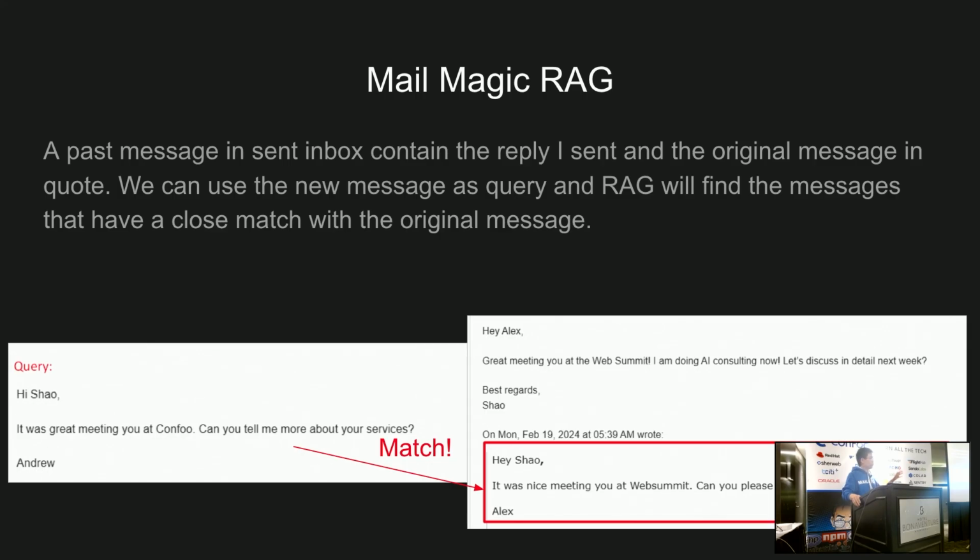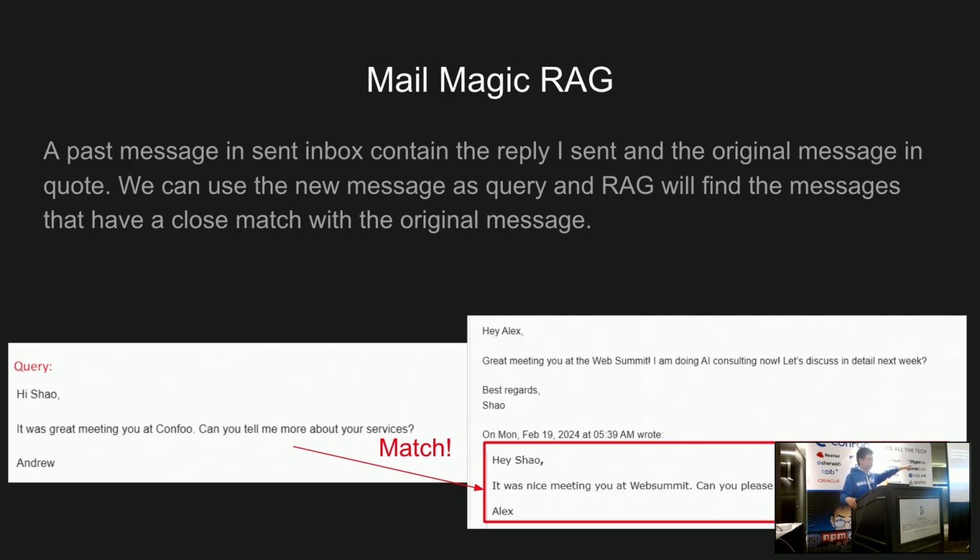The specific way we engineered it is that we only turn the emails I sent into embeddings, because they also include the thread, the historical thread down here. So we don't need to turn the entire inbox into embeddings, only the sent messages. And the matching works as you can see on the right panel: the message on the left panel is very similar to the original historic message on the right panel.